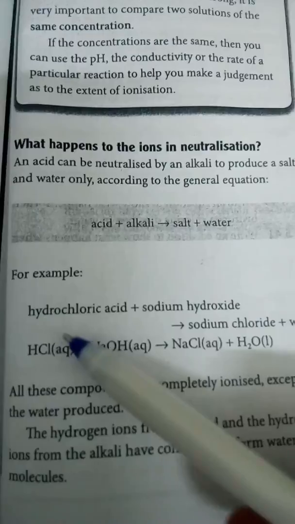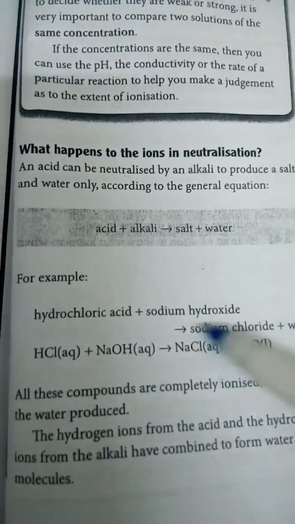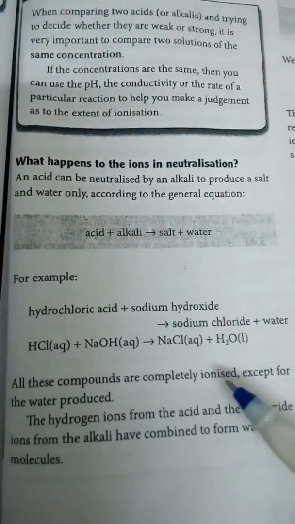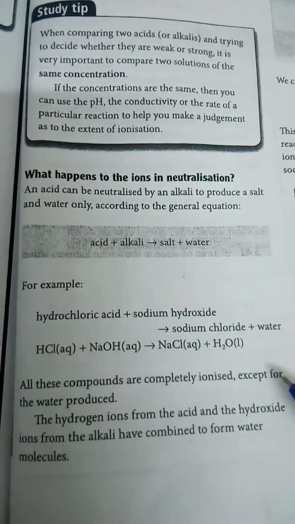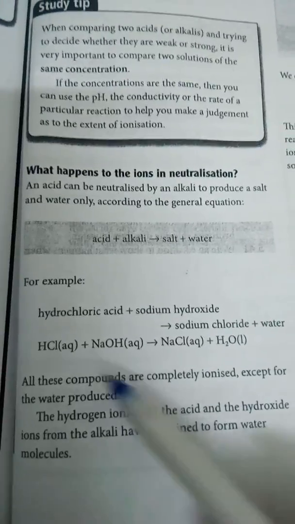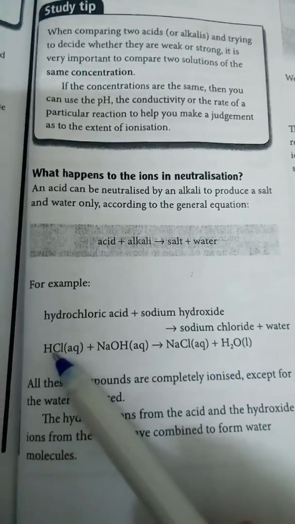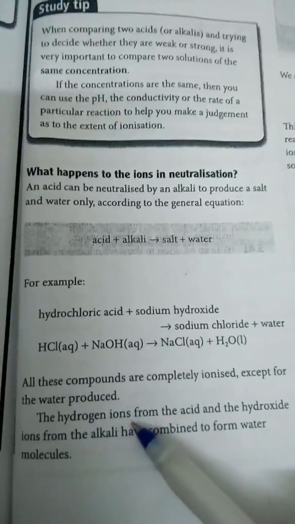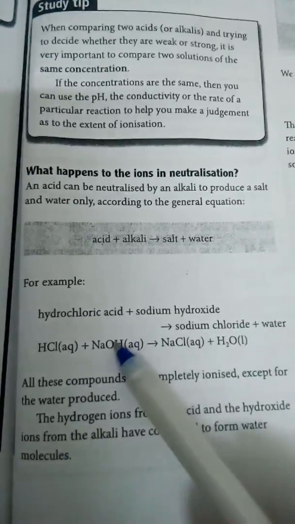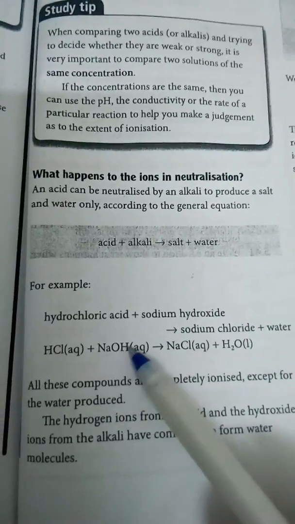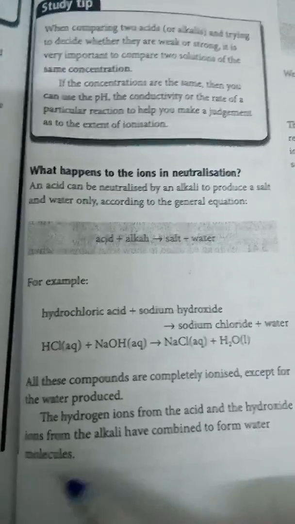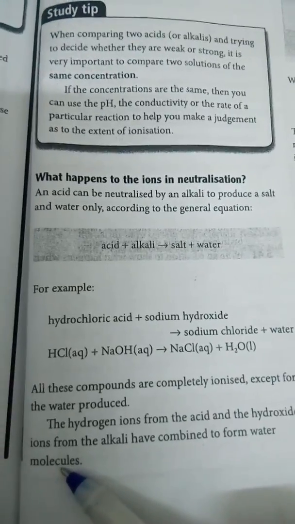Yes, so this is simply what? Neutralization. Yes, all these compounds are completely ionized except for the water produced. The hydrogen ions coming from where? From HCl. The hydrogen ions from the acid and the hydroxide ions, the OH negative, from the alkali have combined to form water molecules.